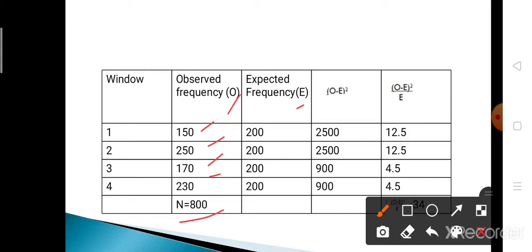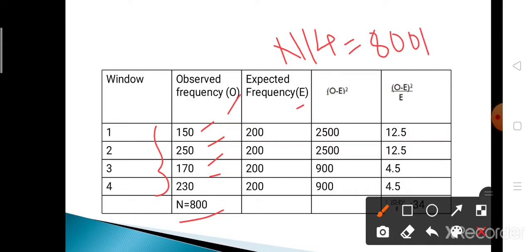The expected frequency is calculated as capital N divided by number of observations. Here we are given 4 teller windows, that is 4 observations, so divided by 4. So N divided by 4, that is 800 divided by 4, that is 200. So the expected frequencies for all the windows are 200, 200, 200 and 200.